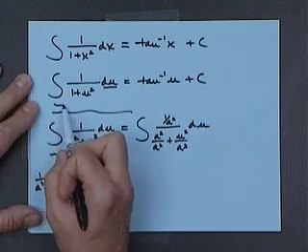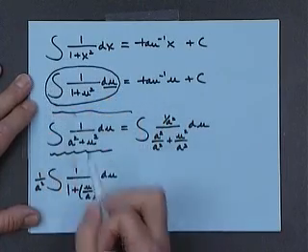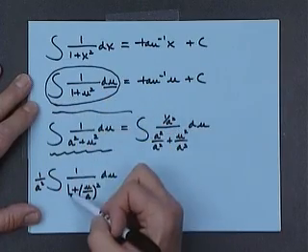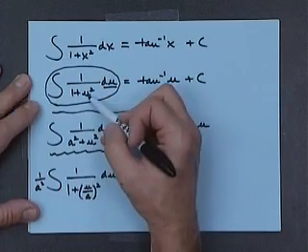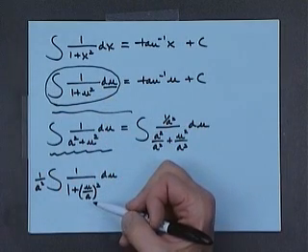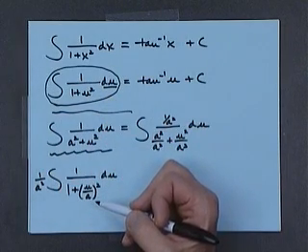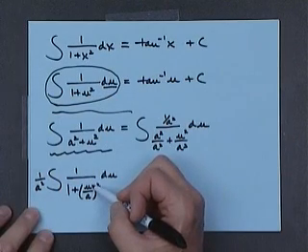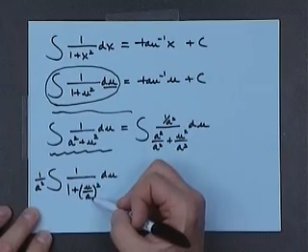Now, is that looking a little bit more like that? It's a little bit more like that. We've got the 1 in that position. We don't have u squared, but we've got u over some number squared. That could be 3x over 5, x plus 7 over 2, some variable piece over some number.